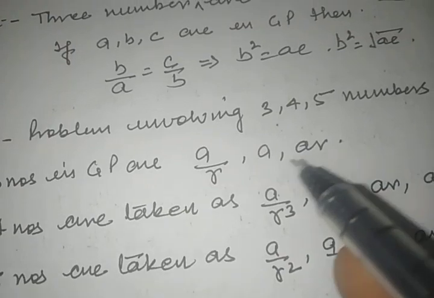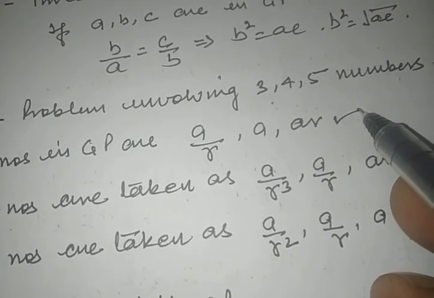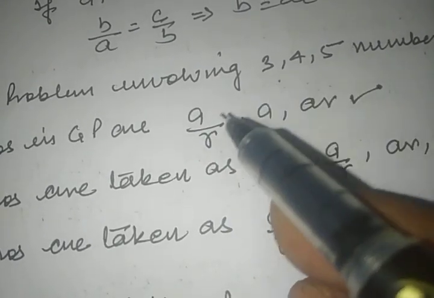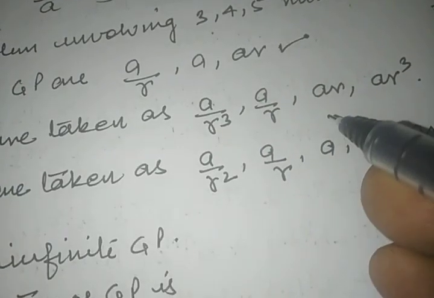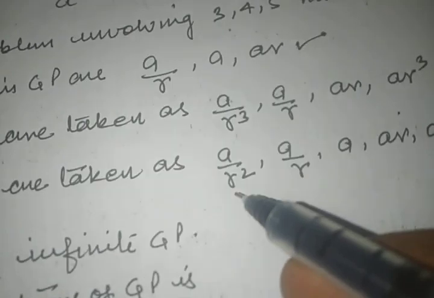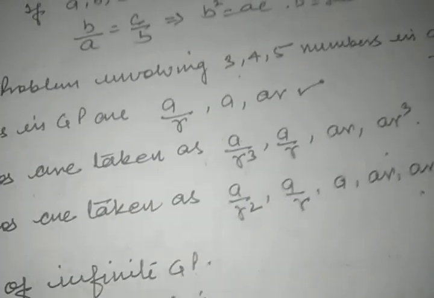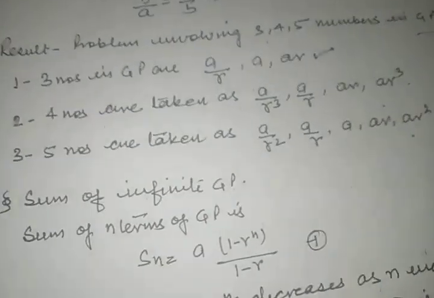Just remember this. You can take any numbers, but if you take these, calculation will be reduced. Four numbers will be taken as a upon r cube, a upon r, ar, ar cube. And 5 numbers as a upon r square, a upon r, a, ar and ar square. Just remember the 3 and 4 terms; 5 is never asked.